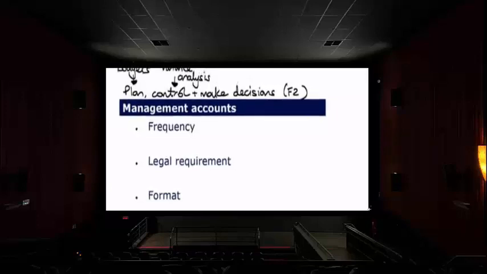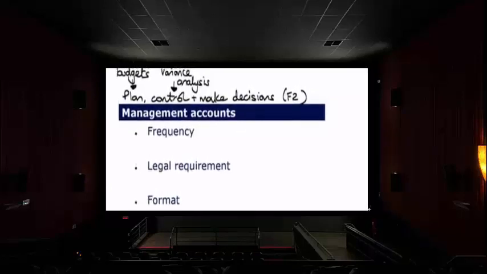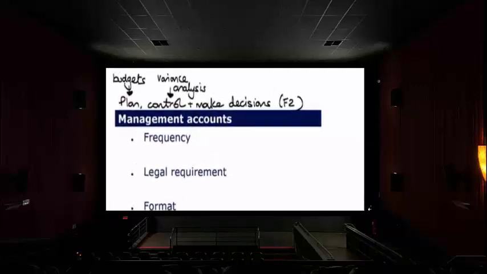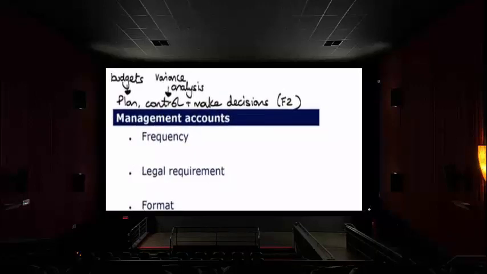And once we know that, we can help control our costs if they're exceeding the budget, or even help us control our revenue. Maybe we're not generating enough sales income as we would have liked. Well, the management can then look at that and decide how they're going to deal with that to help them control their costs and their revenues in their business.